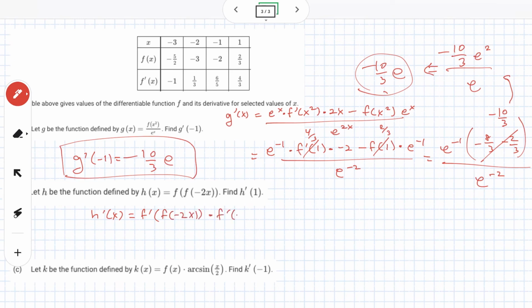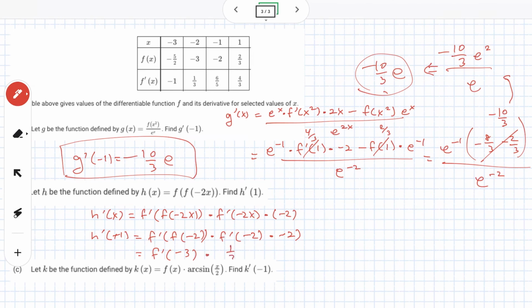Okay, so h prime of this guy would be the derivative times the derivative of the inside, which has two chain rules in there. And then h prime of positive 1 being f prime of f of negative 2 times f prime of negative 2 times negative 2.